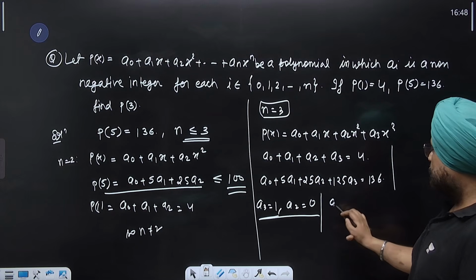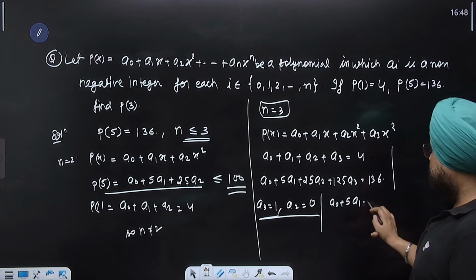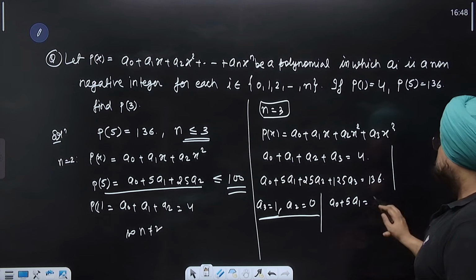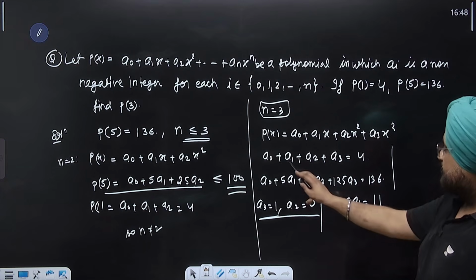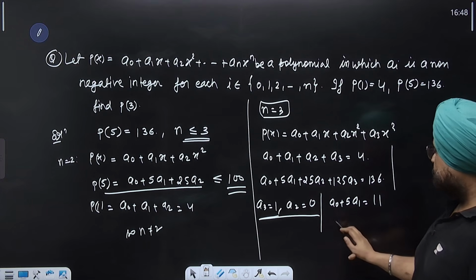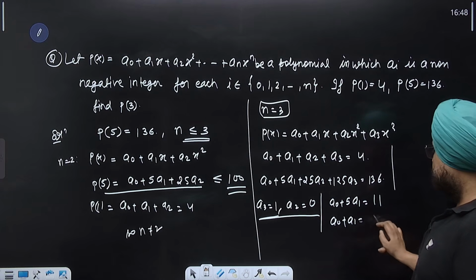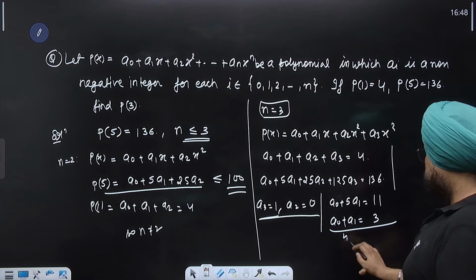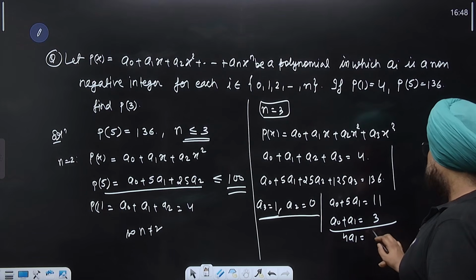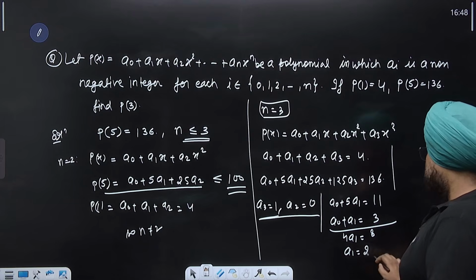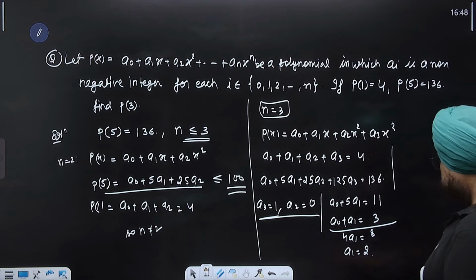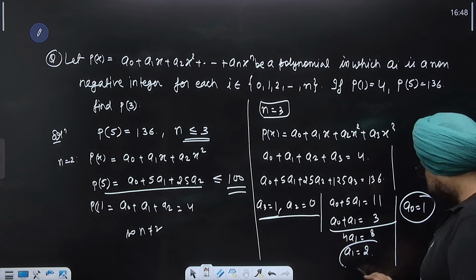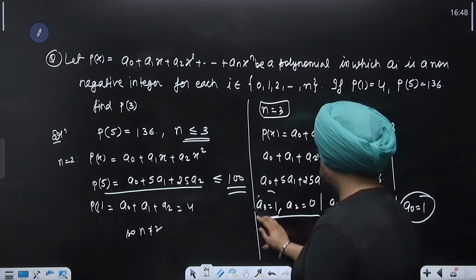So now a0 + 5a1 will be equal to 136 minus 125, that is 11, and with a3 = 1 and a2 = 0, a0 + a1 will be equal to 3. Now solving these two, a1 is equal to 2. For a1 equal to 2, a0 is equal to 1 and a3 equal to 1.